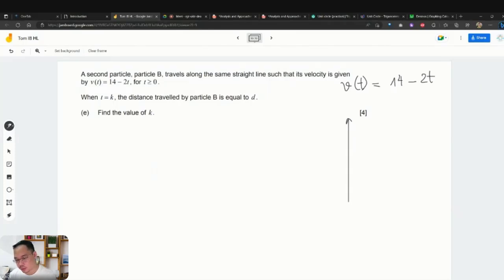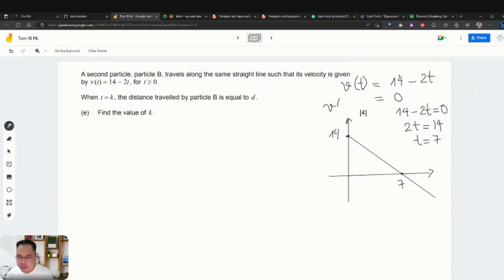The 14 is the y-intercept, and the intersection here is 7. When 14 minus 2t equals 0, 2t is 14 and t is 7.